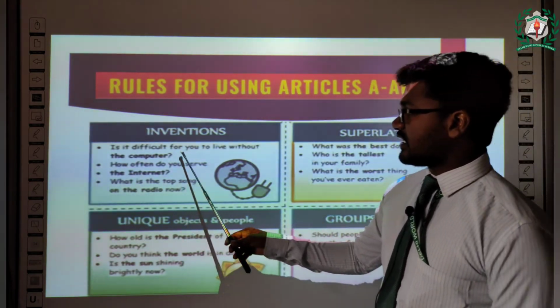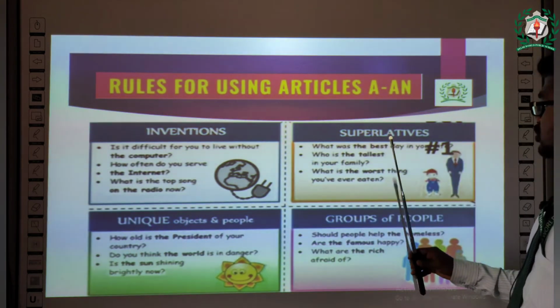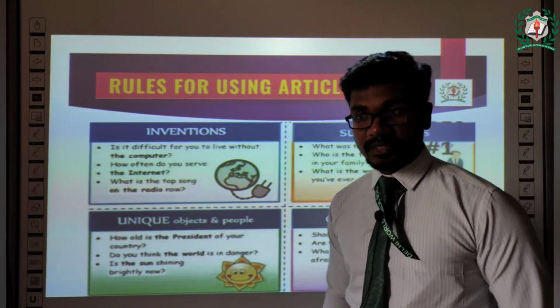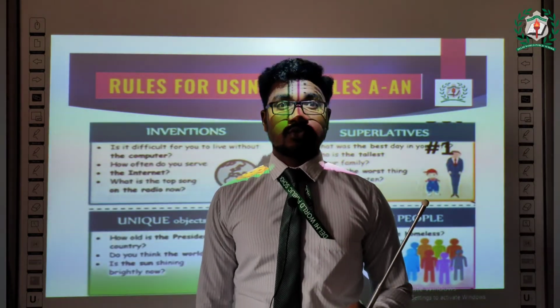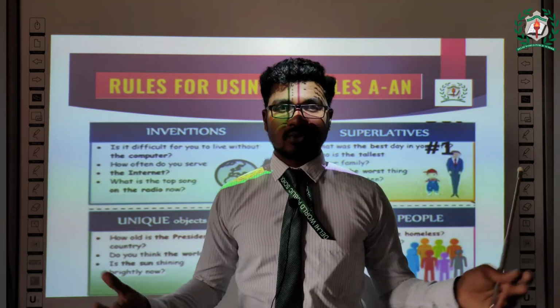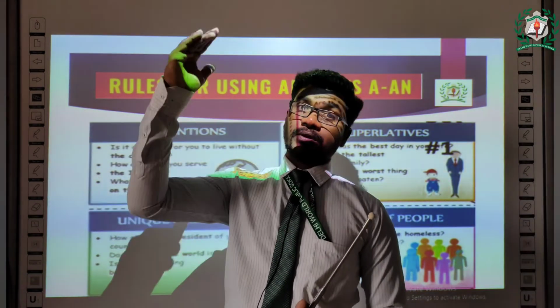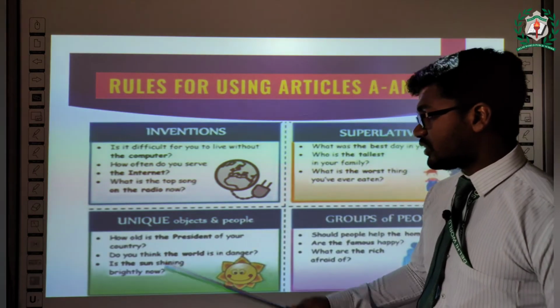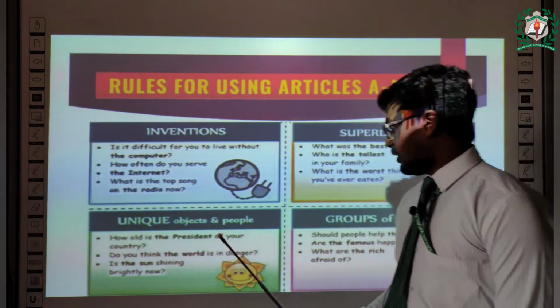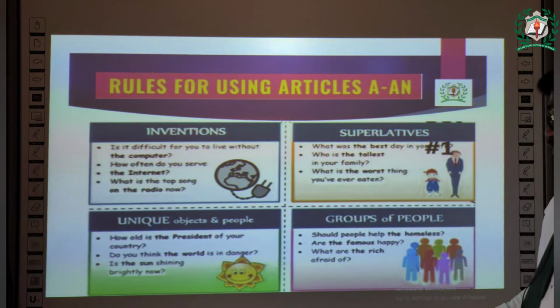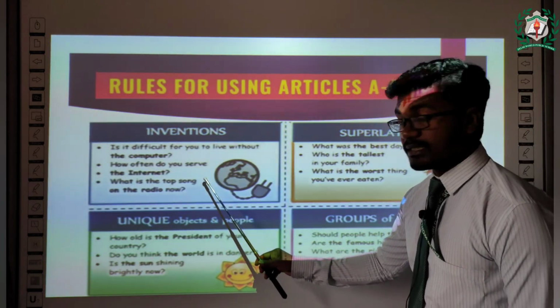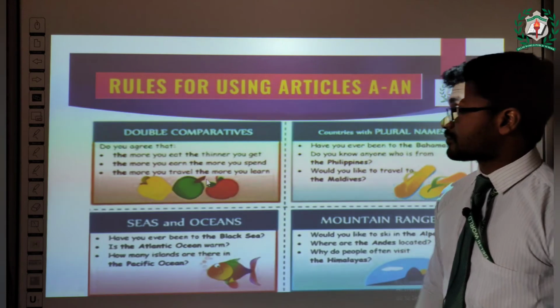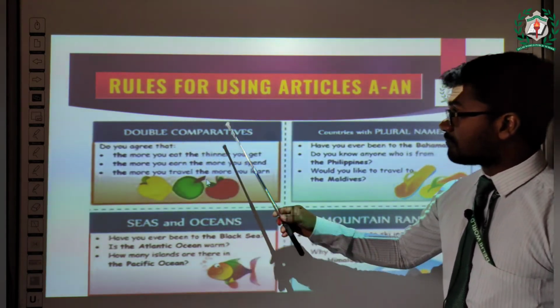And inventions, superlatives. What is meant by superlatives? When you are comparing the highest one, it is said to be superlative, like most beautiful, the superior one, right? And the unique object or people, groups of people, these are the rules for using definite article. And also double comparatives.